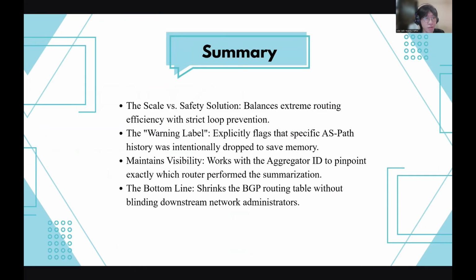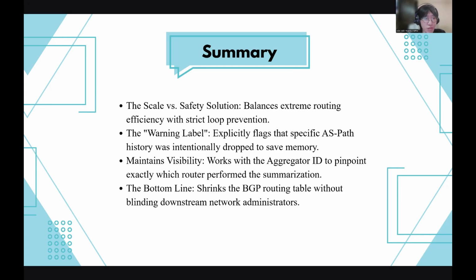So in summary, BGP is the only protocol capable of handling internet scale routing and complex administrative policies. By utilizing the atomic aggregate attribute, we are granted the power of aggressively summarized routes and keep the routing table small without sacrificing the safety of the network.